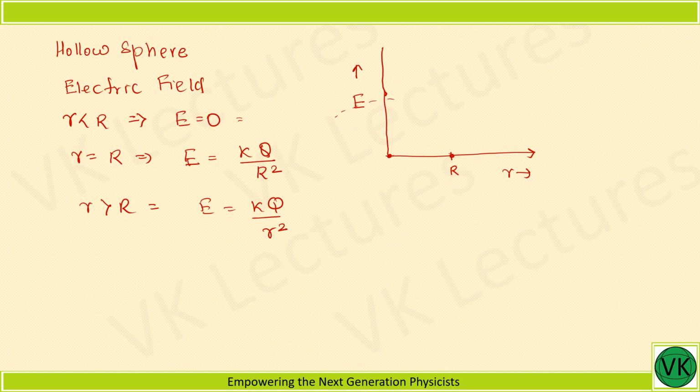So if you consider this as the sphere, at the surface of the hollow sphere you have the electric field given like this. So electric field is this, and as you move away from the surface, the electric field decreases, because as r increases the electric field decreases. So it will be like this.